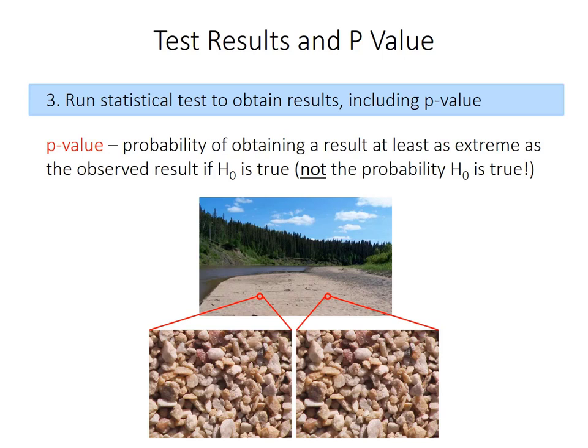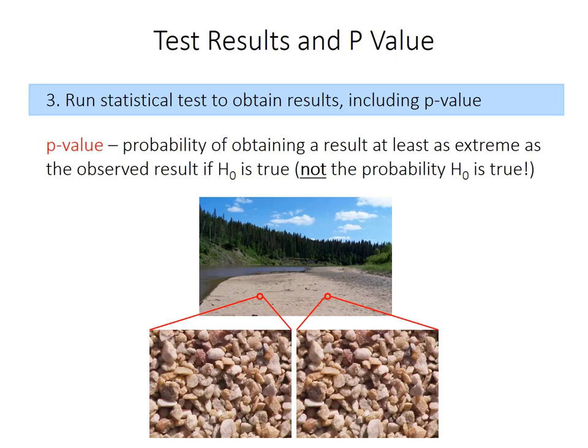For example, if the two samples did in fact come from the same population, that's our null hypothesis. So if our null hypothesis is true, the two samples did actually come from the same population. So given that, what is the probability of observing a difference in means at least as big as the one we did observe? So note that the p-value is not the probability that the null hypothesis is true.